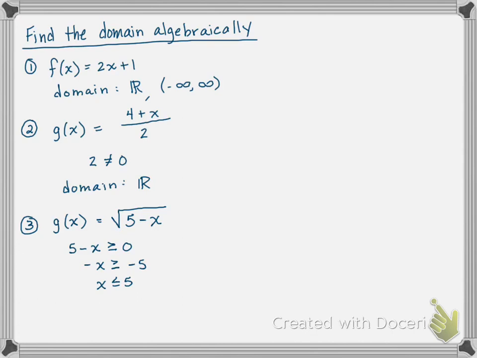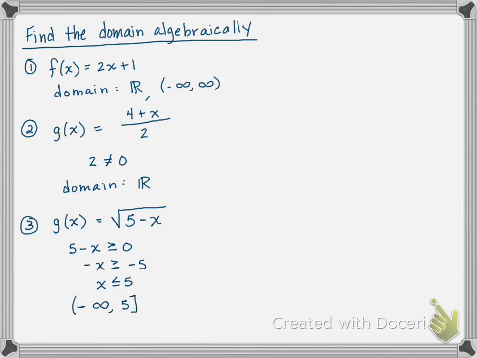Right, except the other way around, because it's less than or equal to 5. So yes, a hard bracket, but we want to go down. So negative infinity up to 5.